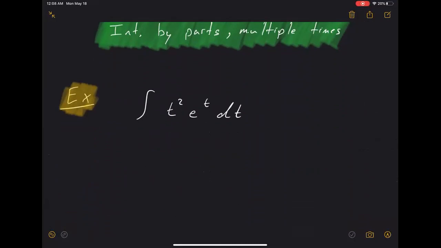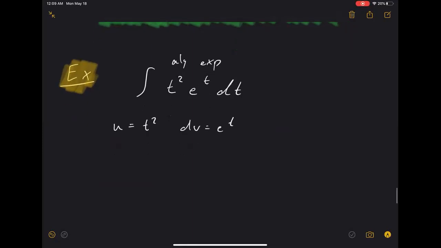All right, so let's try integration by parts. Using my LIATE rule, I have an algebraic and an exponential. So my u should be t squared and my dv should be e to the power t.